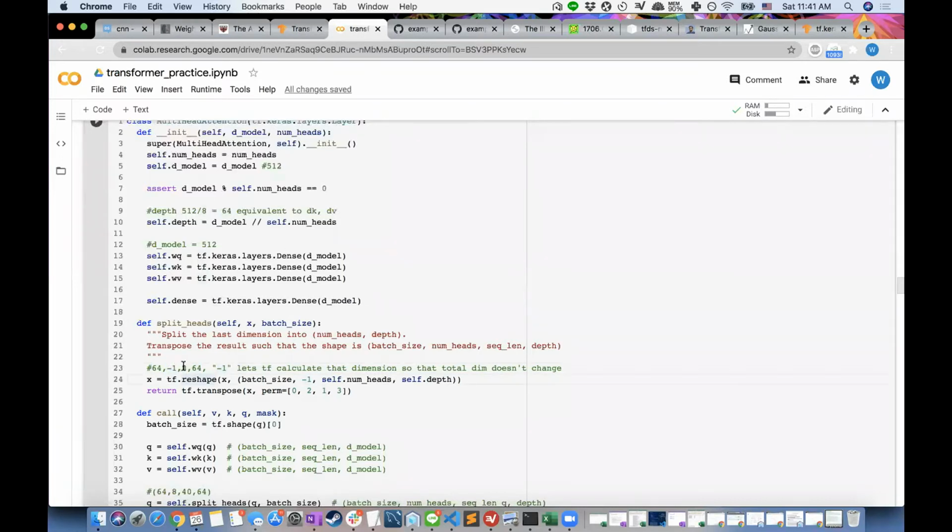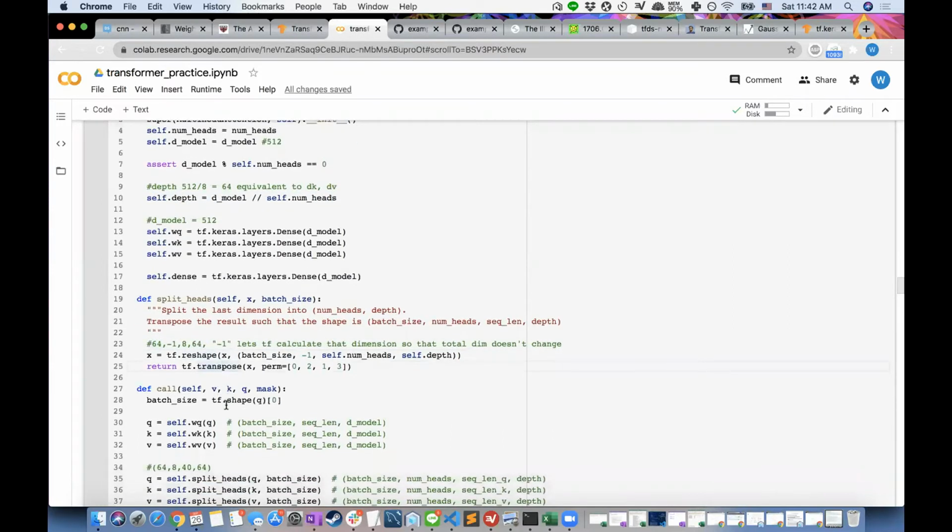And you want to have 8 heads, and you have your depth at 64. That's just calculated by 512 divided by 8. And so you have a 4-dimension instead of a 3-dimension tensor.